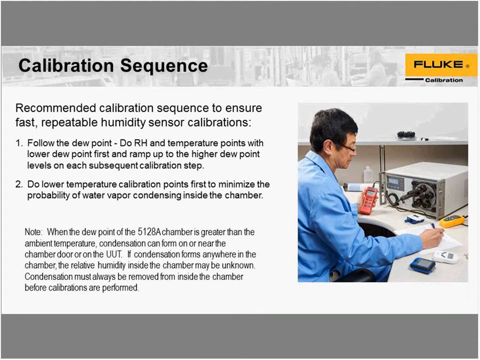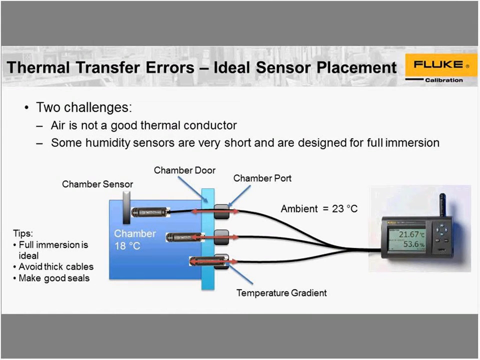Okay, let's see. Transfer errors. This is a really important concept. We have a drawing here showing a situation where we want to calibrate these humidity sensors inside a chamber. Keep in mind we're working with air, and air is not a good thermal conductor.